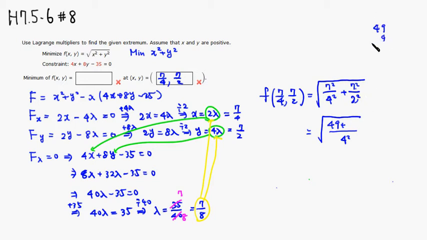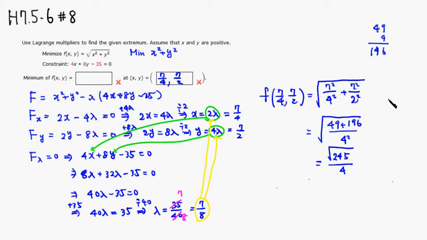So 4 times 49 is 196, and 4 times 4 is 16. So take the square root: the denominator 4 squared would be 4, and this is the square root of 5 times 49, which is the square root of 245.